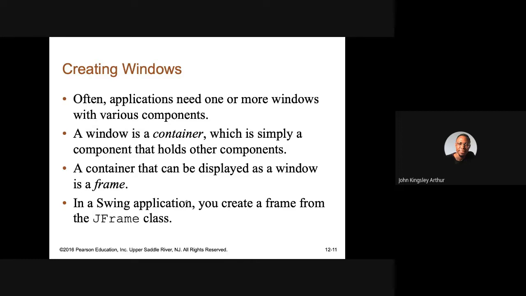Now, most of the time, applications need one or more windows with various components, like we saw in the earlier examples. So you would remember, an example of a component is what? The label, right? We mentioned label. What else did we mention?